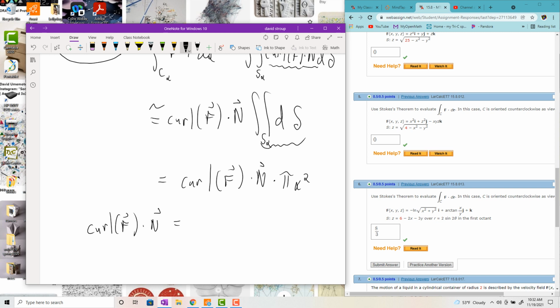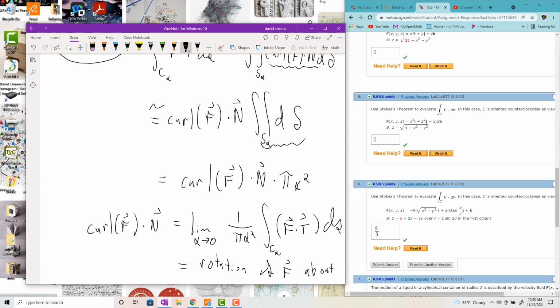Ultimately, taking the limit as alpha goes to 0, the curl at a point dotted with n equals the limit of 1 over pi alpha squared times this curve integral. And what that represents is the rotation of the vector field at a point about a normal vector. So this would be the rotation of f about n.